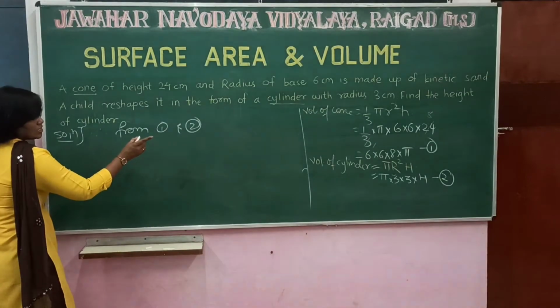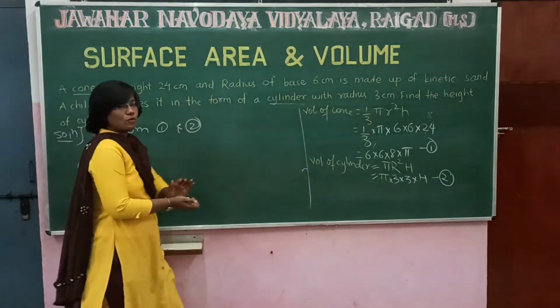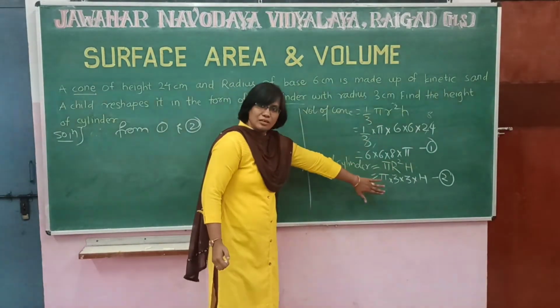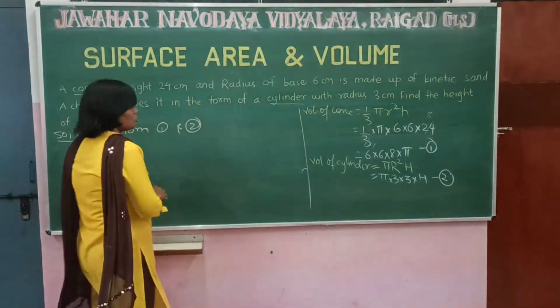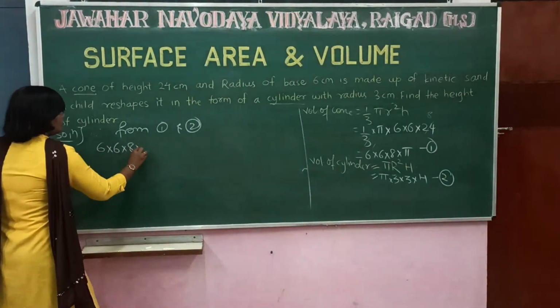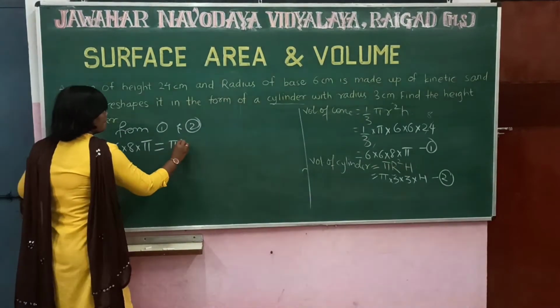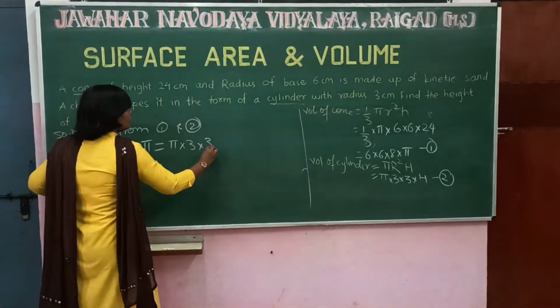Volume of cone is equal to volume of cylinder. It's okay if you write volume of cone first and volume of cylinder afterwards. It is totally your choice. So I can write 6 into 6 into 8 into pi is equal to, what is the volume of cylinder? Pi into 3 into 3 into H.